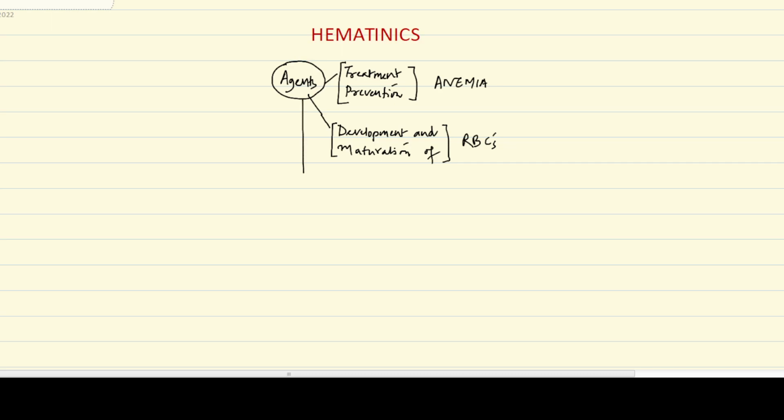We can classify the hematinics as iron preparations and maturation factors. Okay. There are also adjuvant hematinics.